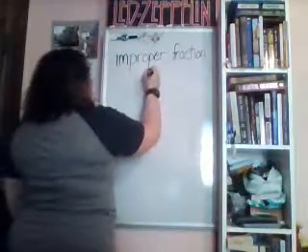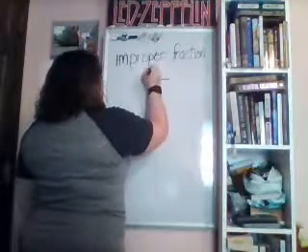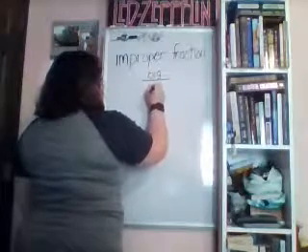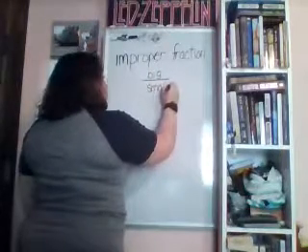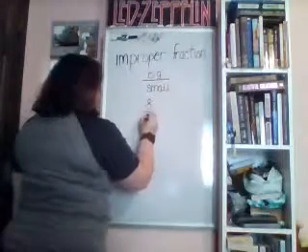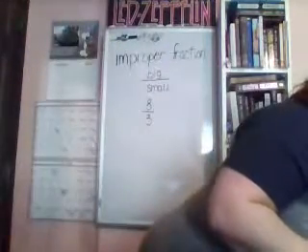So an improper fraction, if you remember from the initial video, is when our numerator is bigger and our denominator is smaller. So an example of this would be 8/3. We also went over the definition of what a mixed fraction is.